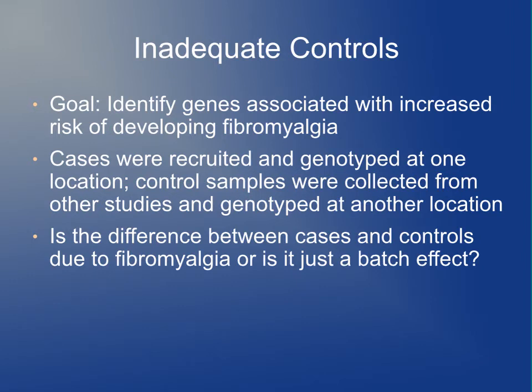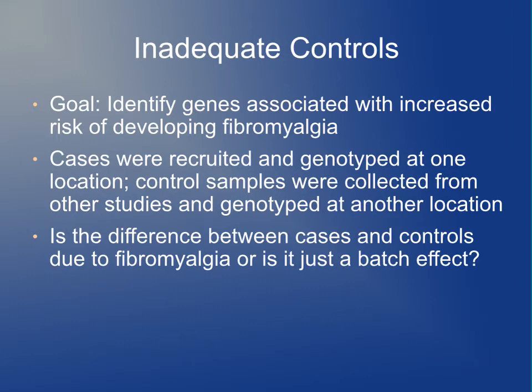I got the data, was completely oblivious to the study design, ran a model, looked for SNPs associated with fibromyalgia, and found a set that were just absolutely off the chart. It was an incredibly strong association. People who had all these markers had almost a 50% chance of developing fibromyalgia.